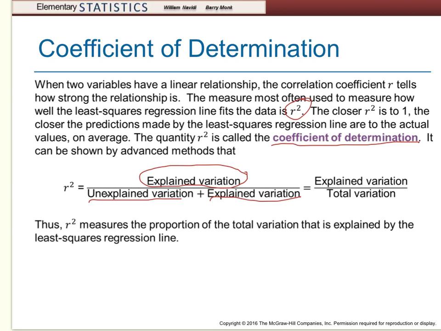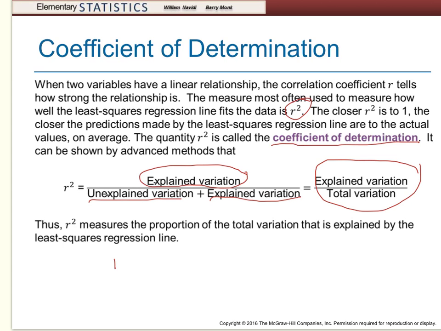In other words, r squared is the explained variation over the total variation. Thus, r squared measures the proportion of the total variation that is explained by the least square regression line.